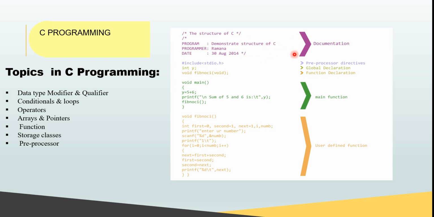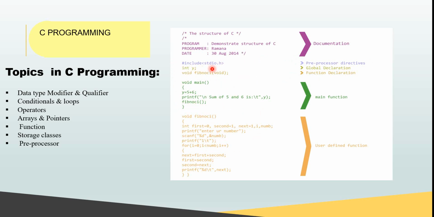And there will be header files, which end with .h. #include <stdio.h> means include the standard input output header file. It is a preprocessor directive. Global declaration is a declaration which is available globally to the entire program.